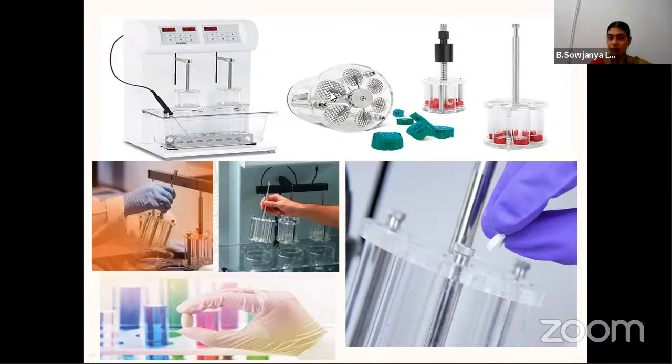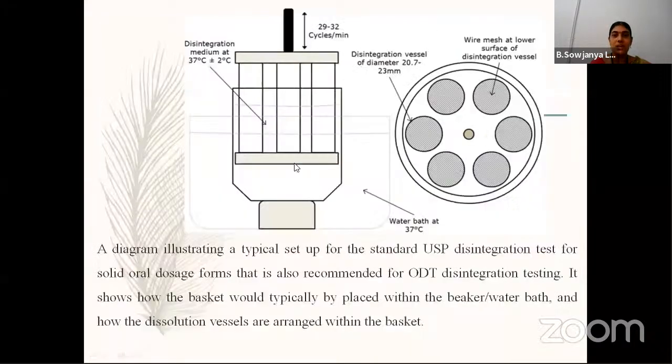The tablet to be disintegrated is placed in the apparatus. This is a diagrammatic representation, standard according to USP, of the disintegration test apparatus. The shaft is rotated at 29 to 32 cycles per minute, the disintegration vessel has a diameter of 20.7 to 23 mm, and a wire mesh is placed at the lower surface of the vessel.